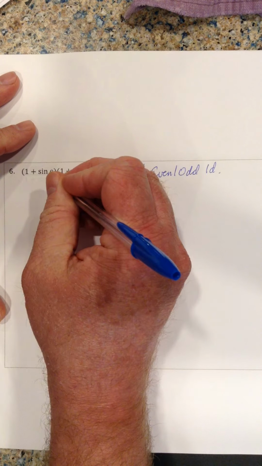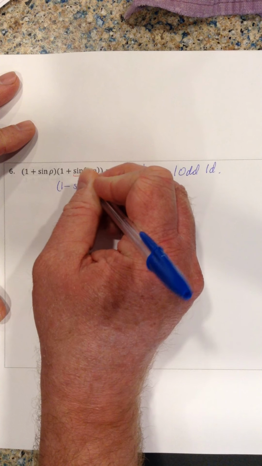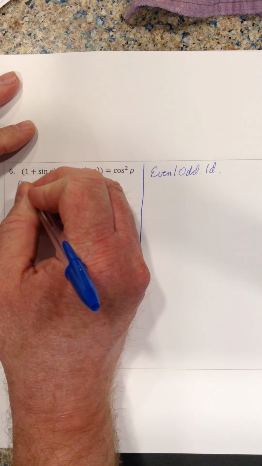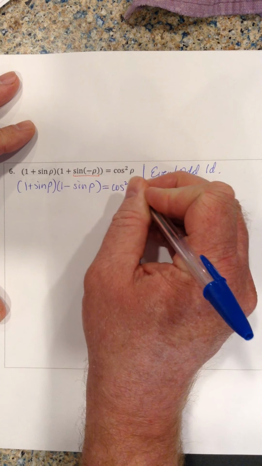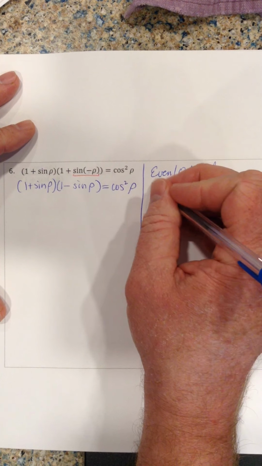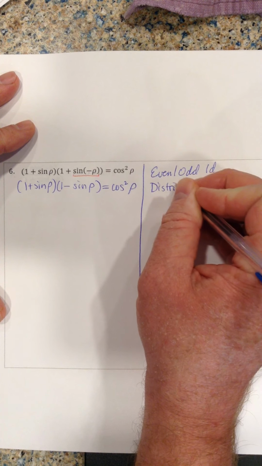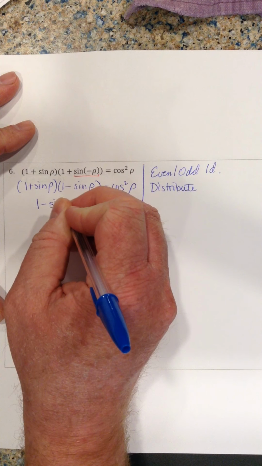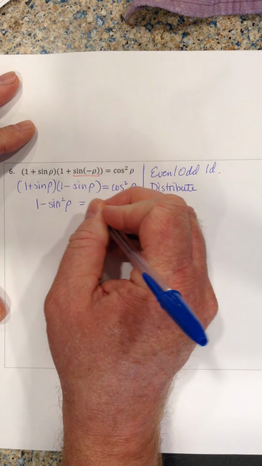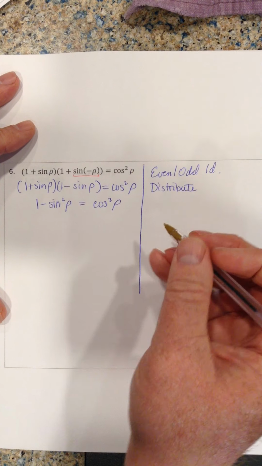So that makes this second parentheses 1 minus sine of rho. Then we have (1 plus sine of rho)(1 minus sine of rho) equals cosine squared of rho. So now I'm going to distribute. And so I get 1 minus sine squared of rho equals cosine squared of rho.